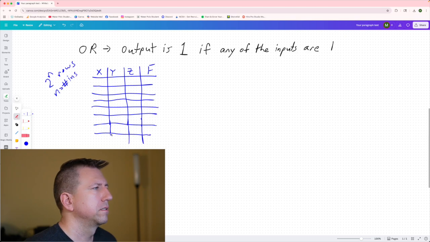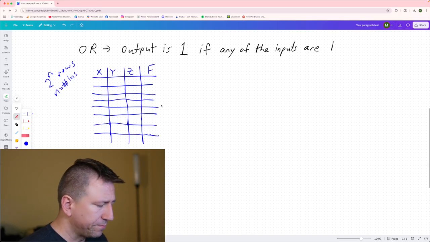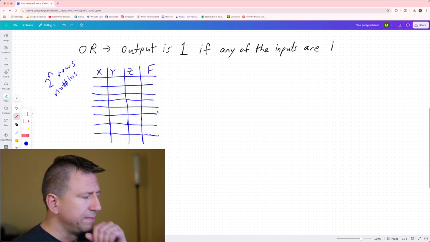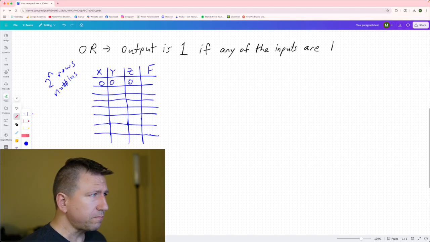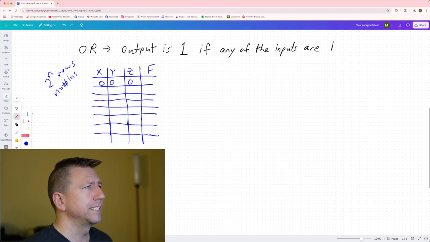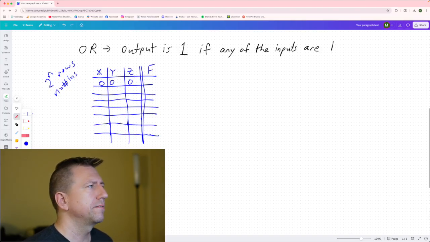Okay, great. So here's a little shortcut in terms of building the truth table. We can count up here, 0, 0, 0, 0, 0, 1, and so on and so forth. But what we talk about is that Z here next to the output, that's the least significant bit. And we get more significant as we move to the left. So X is the more significant bit inside this truth table.